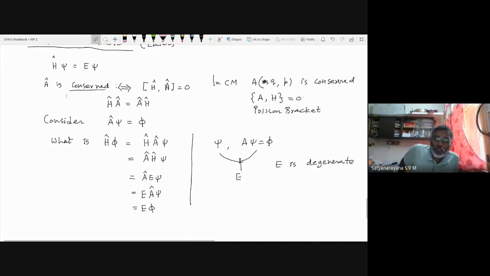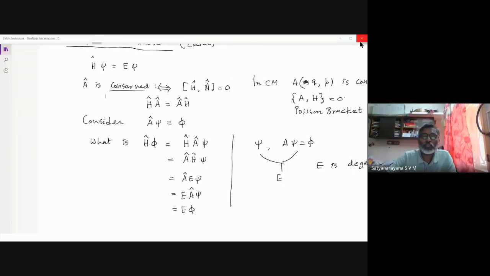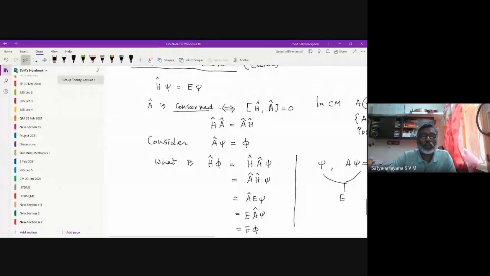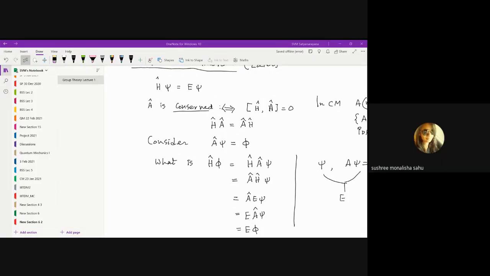Okay, so I do not know if what Mona Lisa wanted is... Mona Lisa, did you want this connection? I felt it was so vast, like some I didn't get and some I got. So I think coming with the kind of quantum mechanics and other courses, I can relate these things.